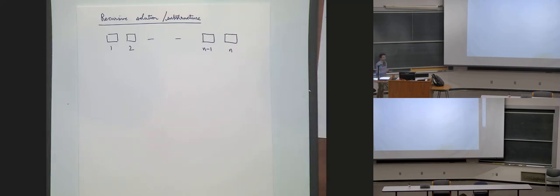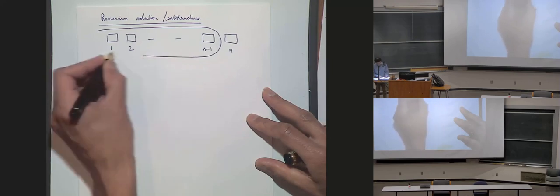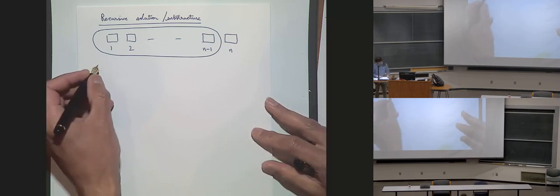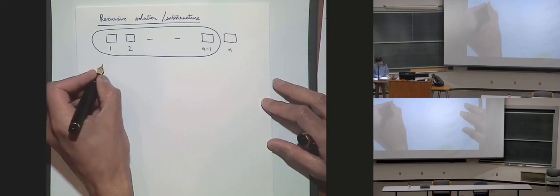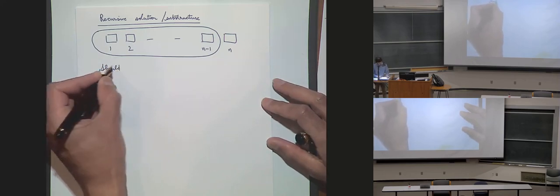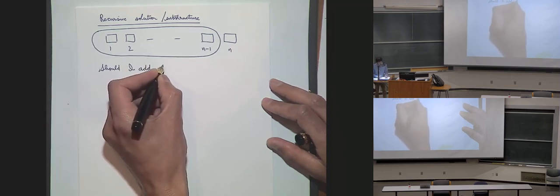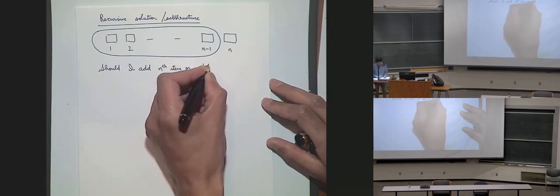And the way that I observe the recursive substructure is I say, look, the choice that I really have is, should I add the nth item or not?